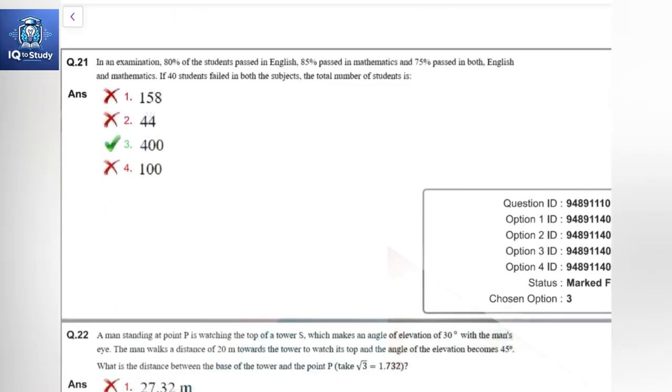In an examination, 80% of students passed in English, 85% passed in mathematics, 75% passed in both English and mathematics. If 40 students failed in both the subjects, then the total number of students is.